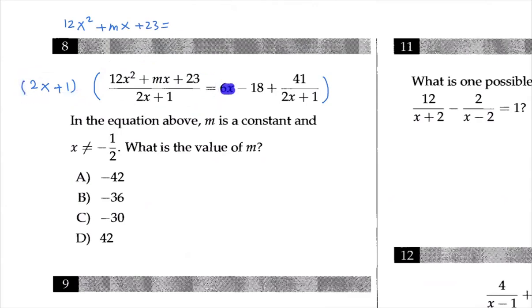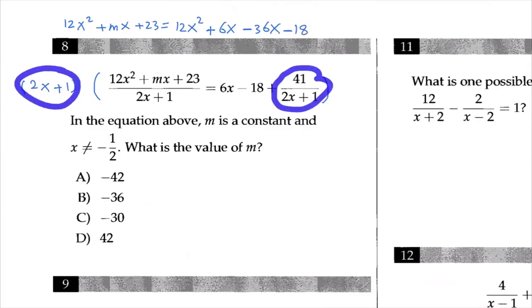So 6x times 2x, 6 times 2 is 12, and x times x is x squared. 6x times 1 is 6x, and here again negative 18. Negative 18 times 2 is negative 36x. Negative 18 times 1 is negative 18. Then if you multiply this term by 2x plus 1, what will happen here? 2x plus 1 cancels 2x plus 1, and you will have only 41.